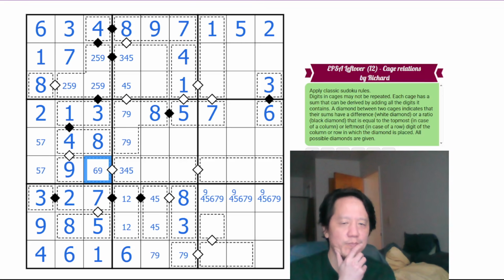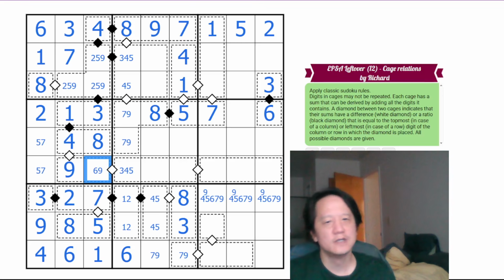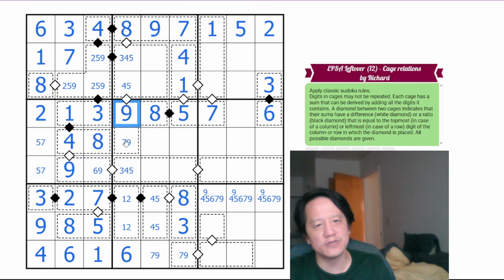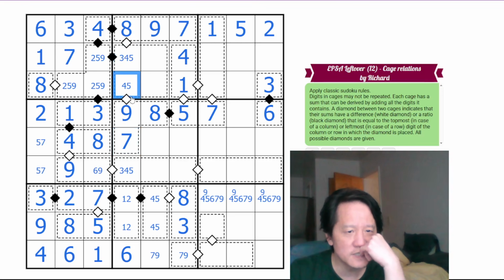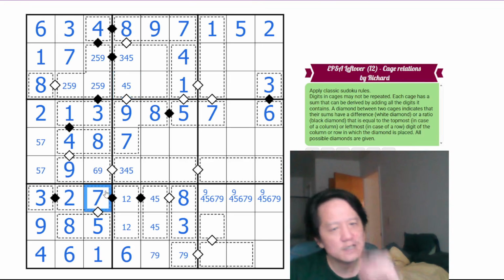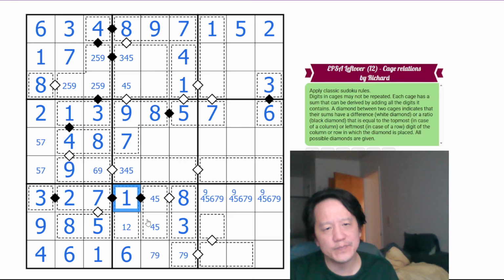Huh. That's really bad. Huh. 7 eliminates 7 here, so it's 9 and 7. That's really bad.